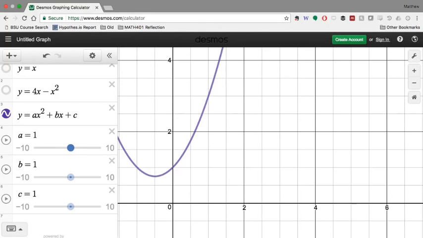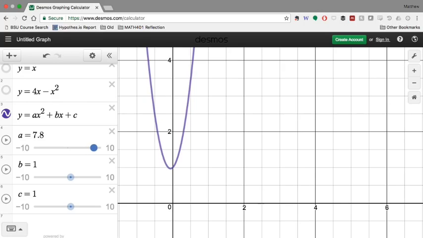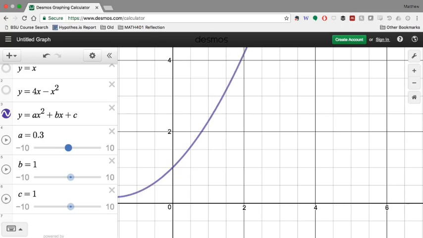So if I make a very large, if I make a from 1 up to 5, let's say, what's happening to my parabola? It's getting narrower because I'm applying a vertical stretch to it. If I make it smaller, like 0.1 or something, now that's applying a vertical compression to it, so it's getting not as steep.